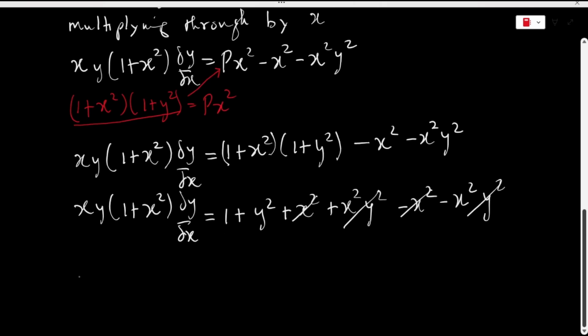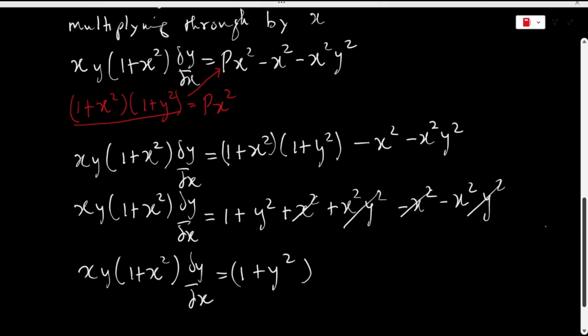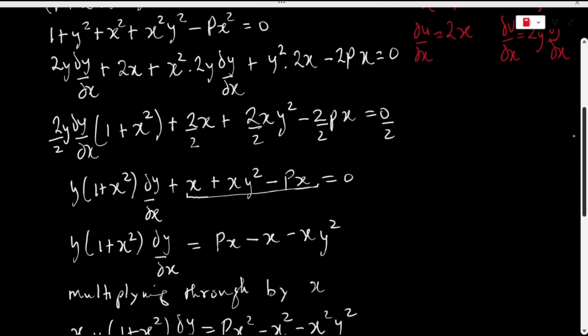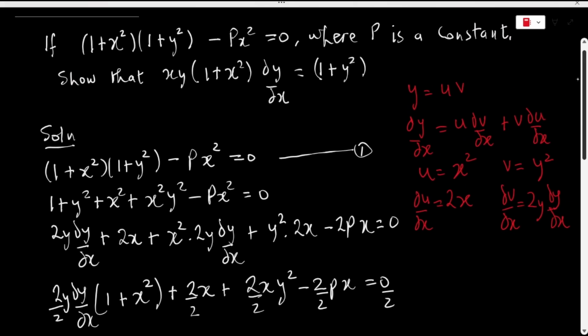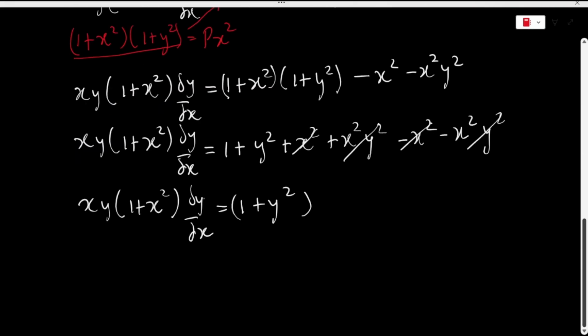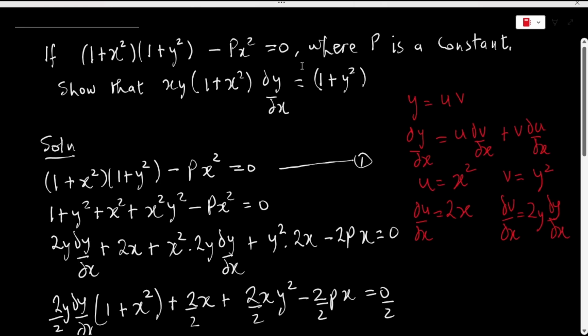And so we're going to be left with. And if we are to look at what we are supposed to show, it is exactly what we are supposed to show.